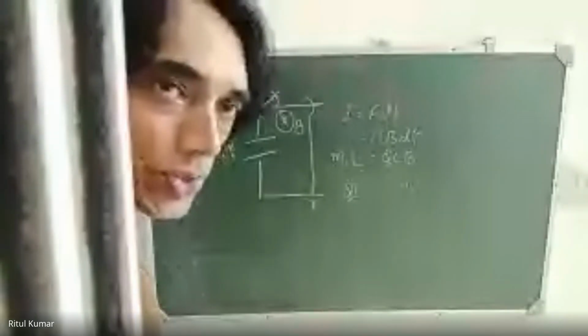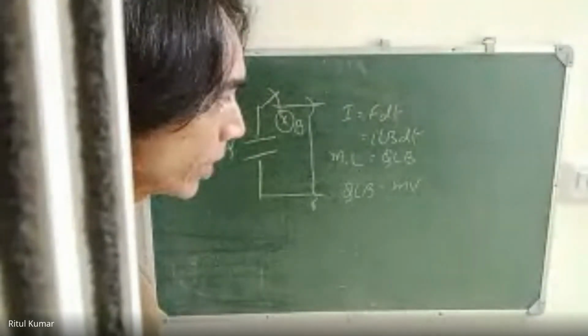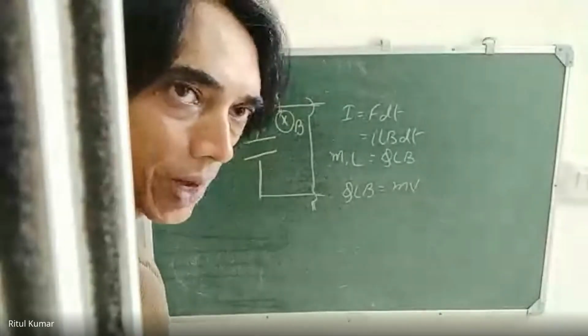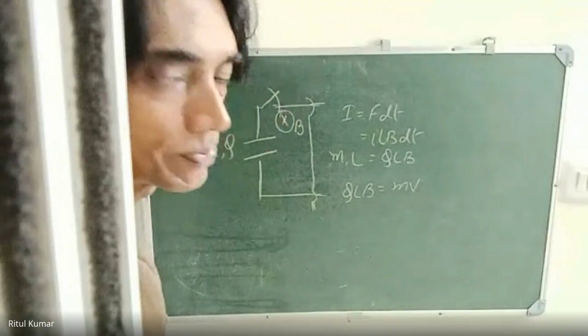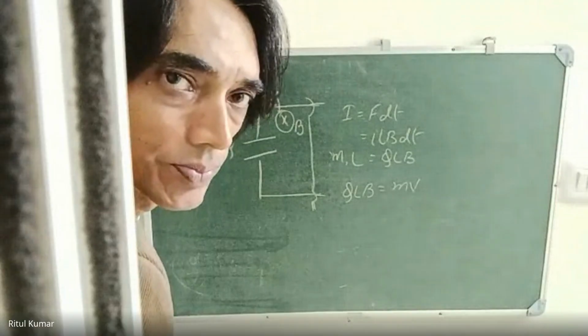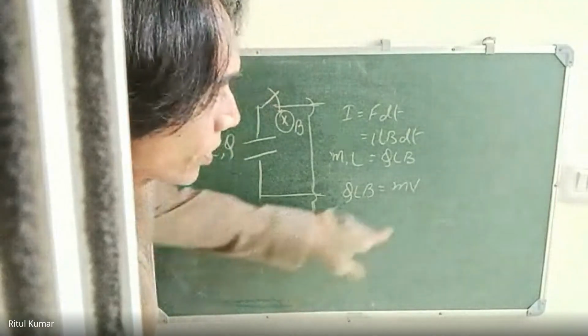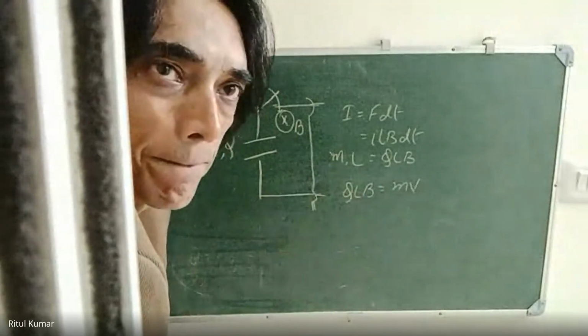I into dt is Q, Q flows in no time, there is no R. Q L B is the impulse. Impulse we know is equal to change in momentum. So it starts moving with what velocity? Q L B by M.